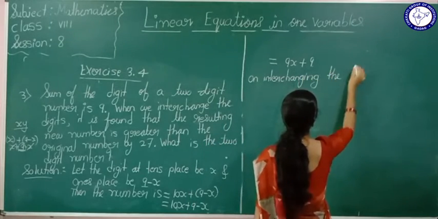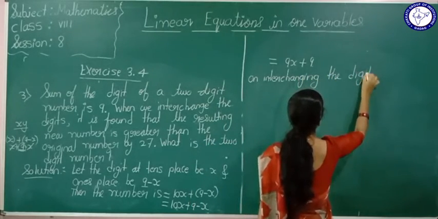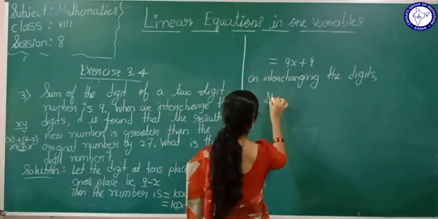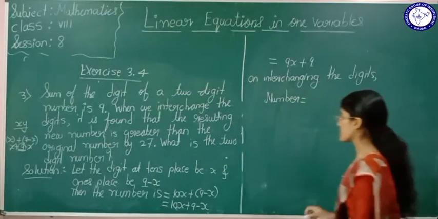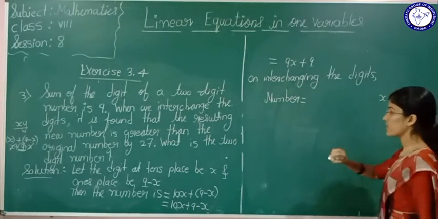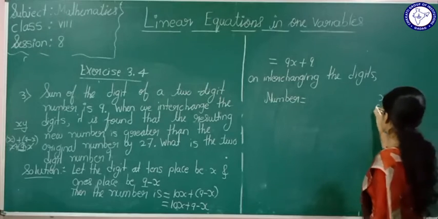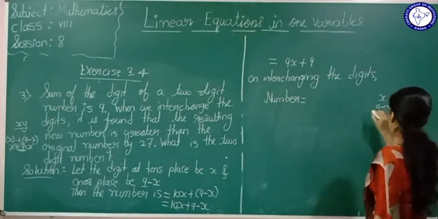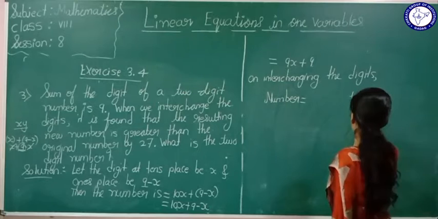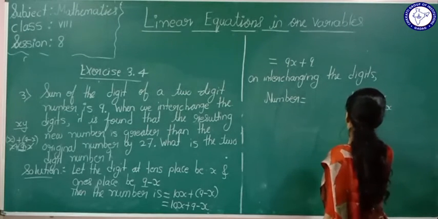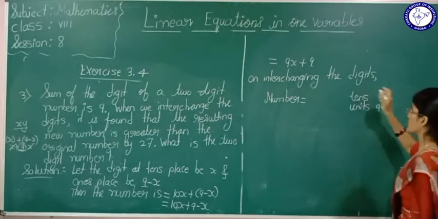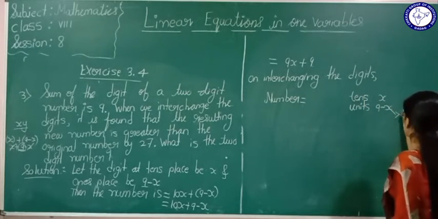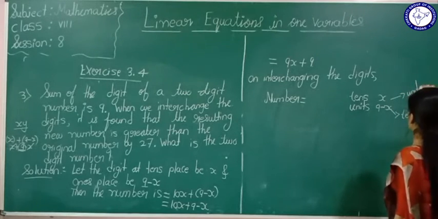On interchanging the digits, what will the number be? At tens place we took x and at units place we took 9 minus x. Now we change this: 9 minus x becomes the tens digit and x becomes the units digit.